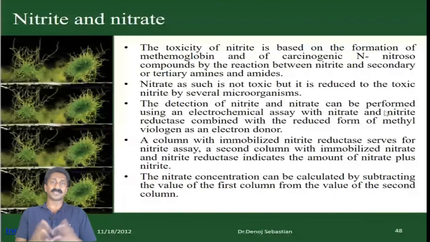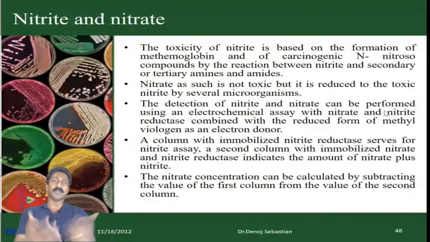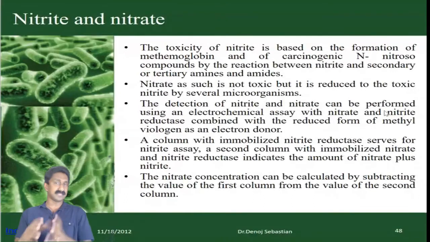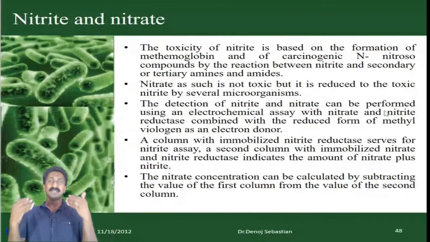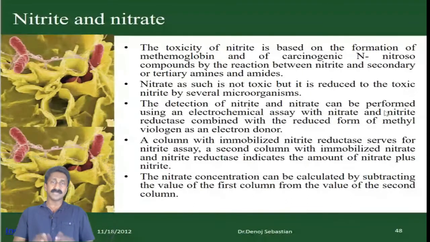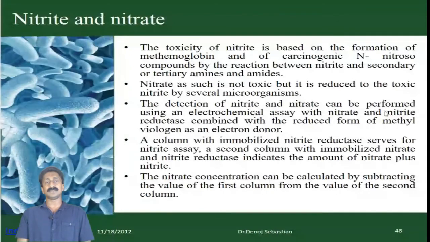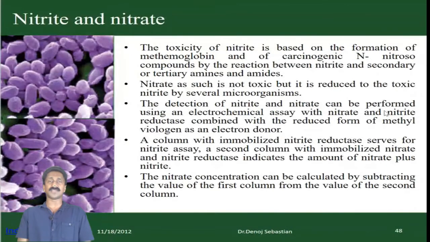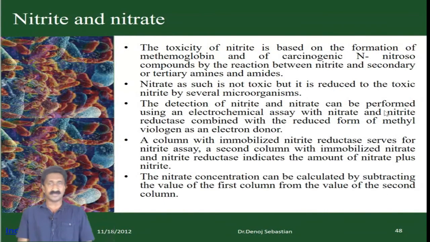So both the columns, one immobilized with the nitrate reductase and another column with the nitrate and nitrate reductase, need to be used, and simultaneously the same sample will be detected with the two enzyme immobilizers. And finally, if you want to assay the nitrite, then directly you can take the column with nitrate reductase.